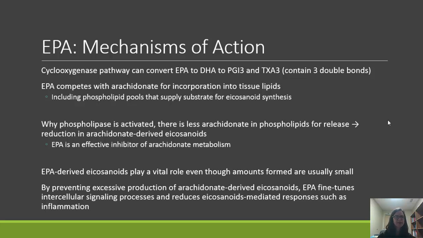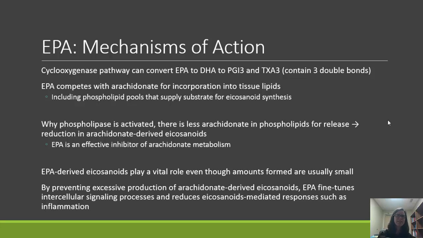Now, when our phospholipases are activated by hormones such as epinephrine, there's less arachidonate in phospholipids for release, and therefore a reduction in arachidonate-derived eicosanoids. So really, if we think about it, if we get more omega-3s, more omega-3s are incorporated into our cell membranes, and therefore when phospholipase A2 goes to release a fatty acid, it's less likely to release arachidonic acid from the cell membrane.